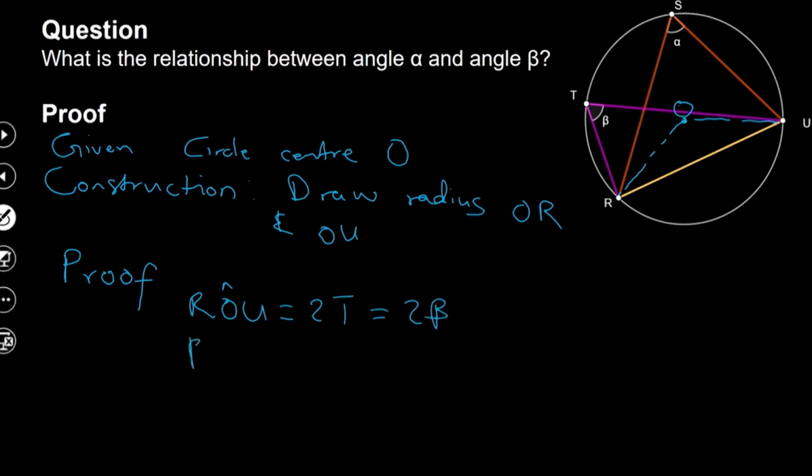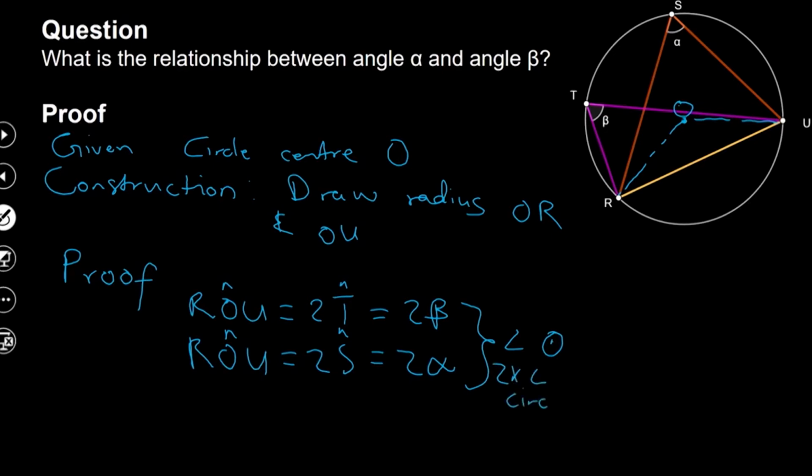Same thing, angle ROU again will still be 2 times angle S, which is equal to 2 times angle alpha. And the reason is the same for both of these two statements that I've made here: angle at center is twice the angle at the circumference. Now, what does this mean?